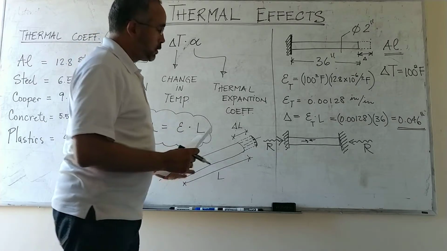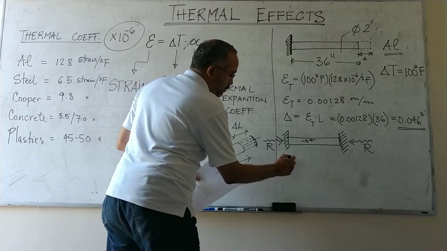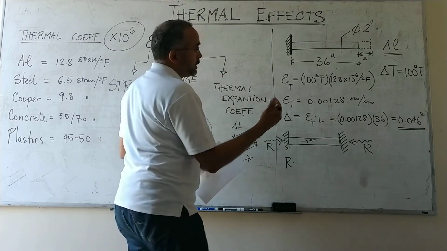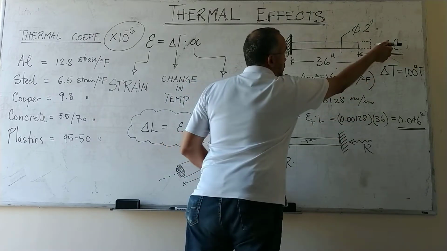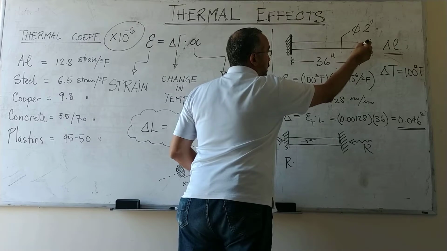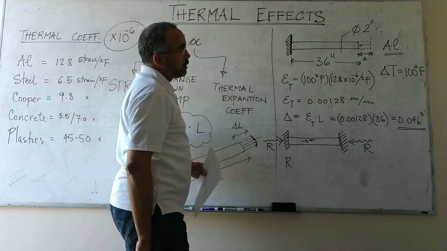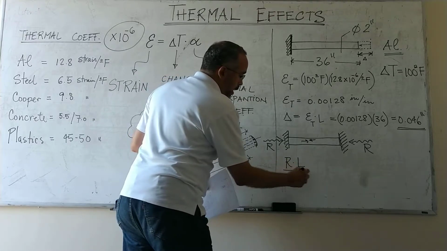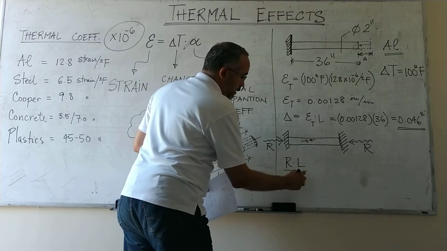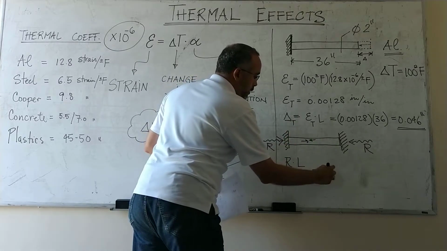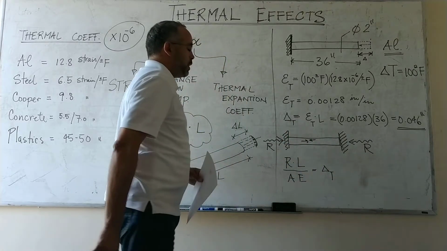Well, if we go back to our basic formula for deformation, what we're basically saying is that this force is eliminating this deformation back to its original undeformed position. So we basically have PL over AE would have to equal the temperature-induced deformation.